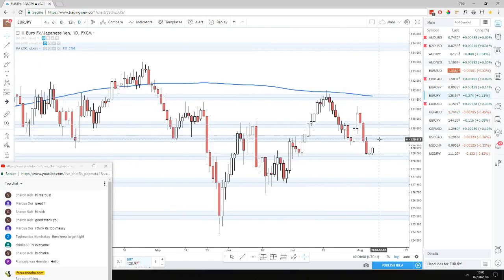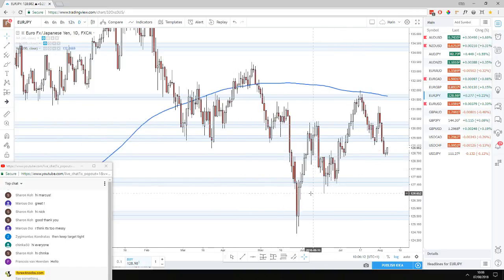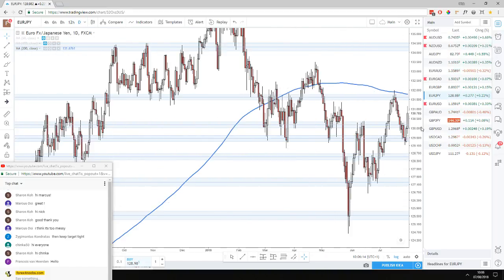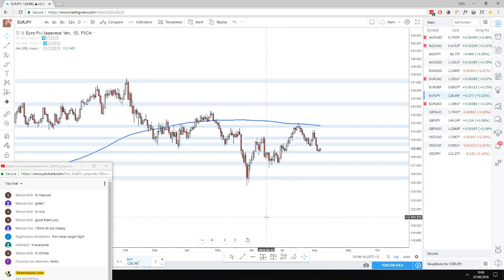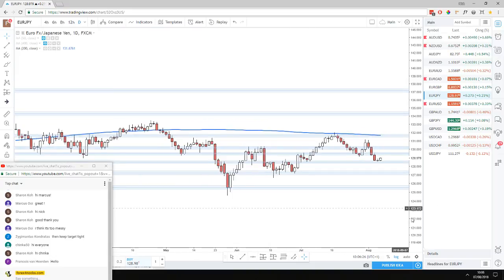Too much of a chance for price to just stall out up here. It is potentially starting to trend up, but it's not quite in an uptrend yet anyway, so I'm not too interested in that at all.